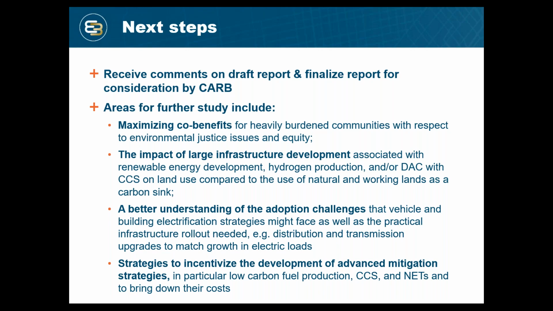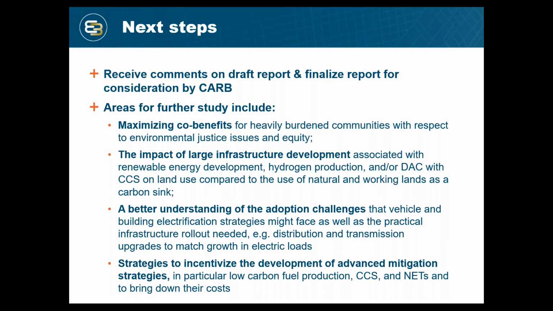Next, there's a wide range of potential adoption challenges that will need to be overcome in order to achieve these high levels of vehicle and building electrification adoption numbers that are considered in these strategies. Distribution and transmission upgrades could be needed to match that growth in electricity demand.